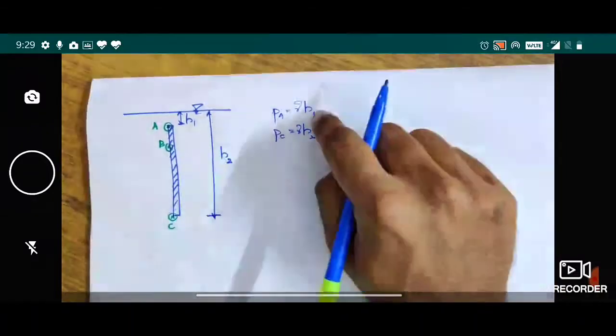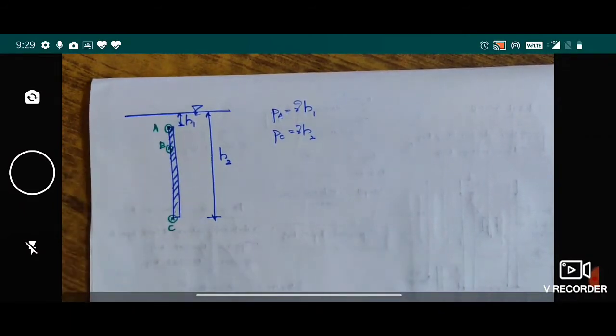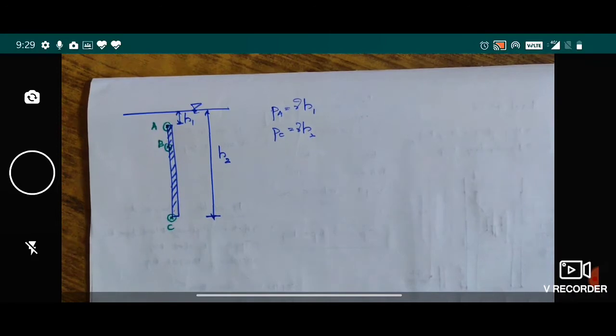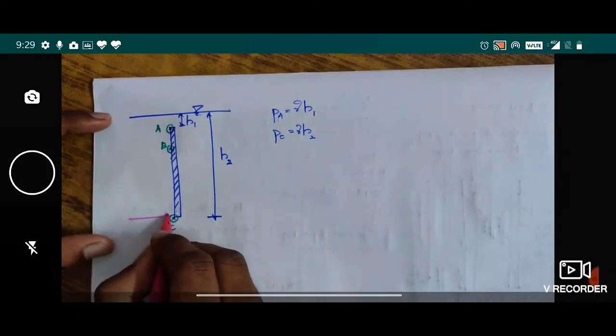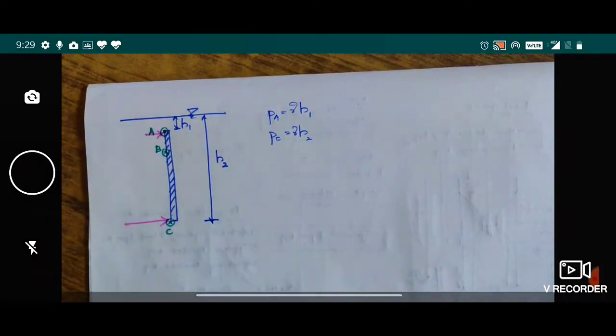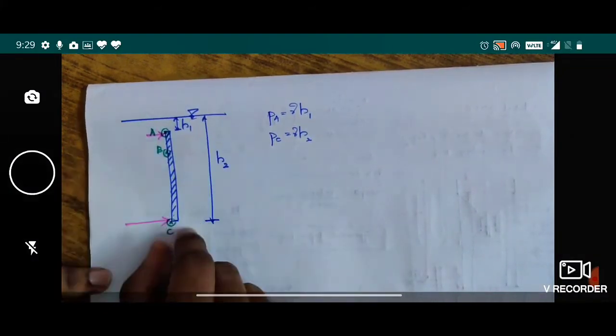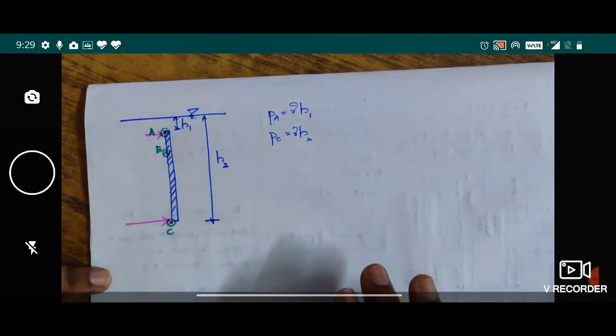Gamma will be constant, h2 is greater, so the pressure acting at point C will be greater, and pressure acting at point A will be lesser. So if I draw the pressure distribution, here you have a very large pressure, here you have a small pressure. Always remember that your pressure will be acting perpendicular to the surface. Always it is perpendicular.